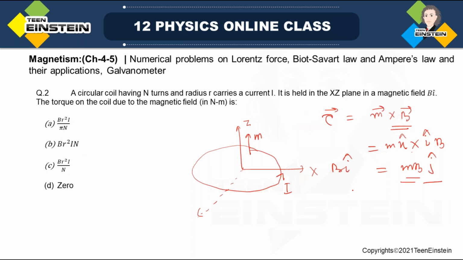So the only thing is that you have to find out M into B. What is M? The magnetic moment is current into area. The area of the loop is pi r square, and what is the current? There are n turns, so n into I into pi r square.